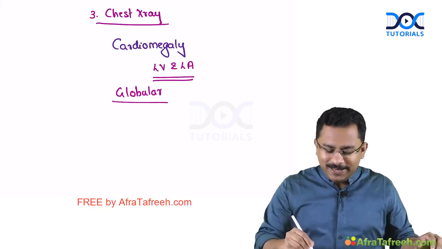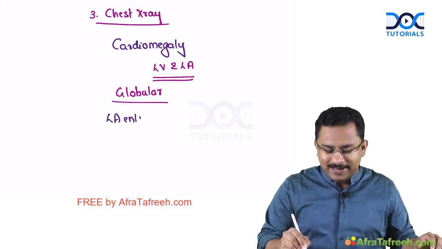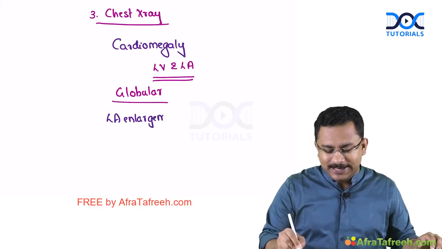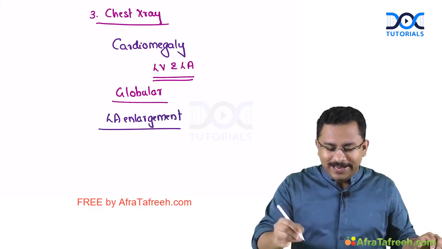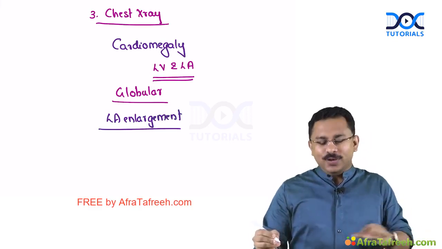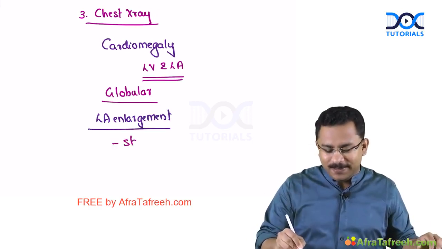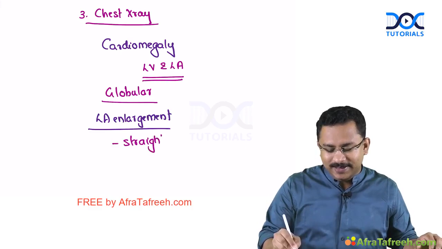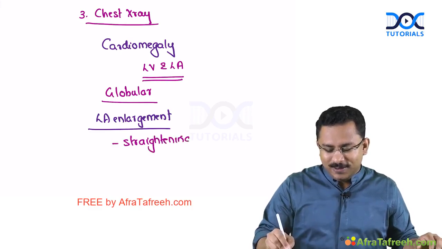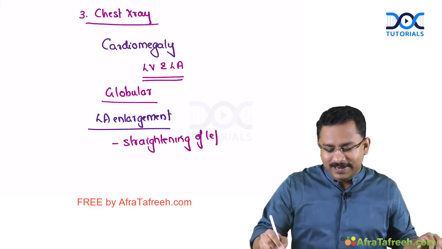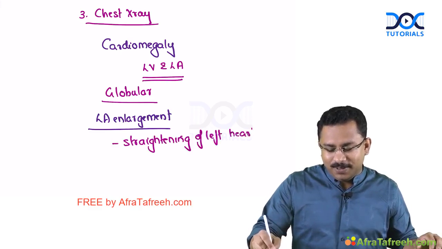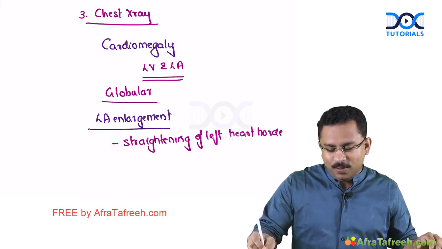So what implication does a LA enlargement have on a chest X-ray? See, when you have a LA enlargement, you're going to find there is a straightening of the left heart border. Point number one.